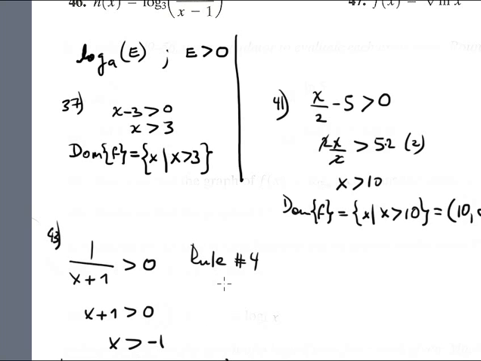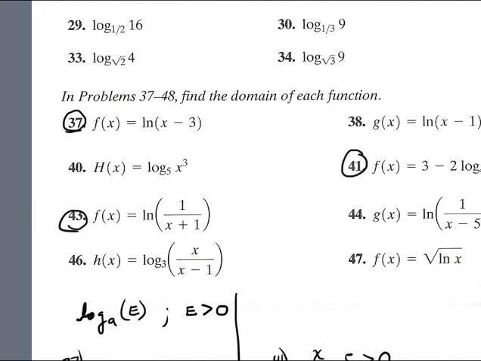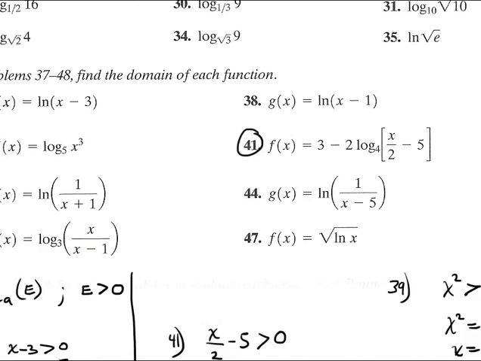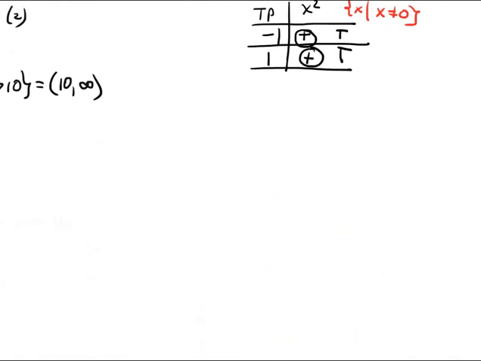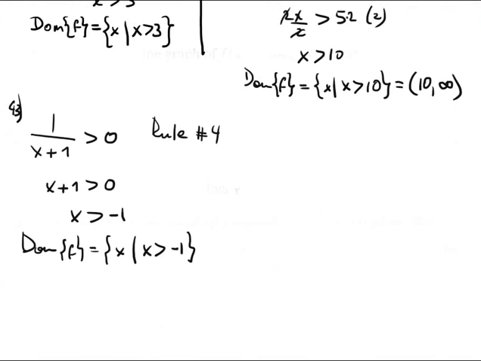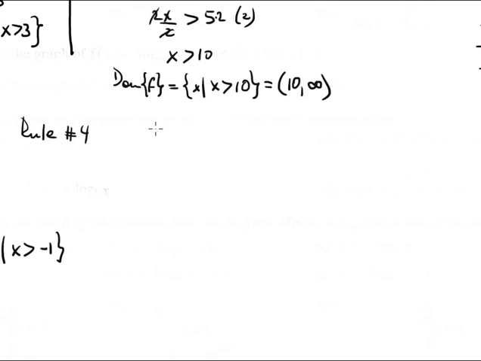Now 45 here. 45 is x plus 1 over x greater than 0.